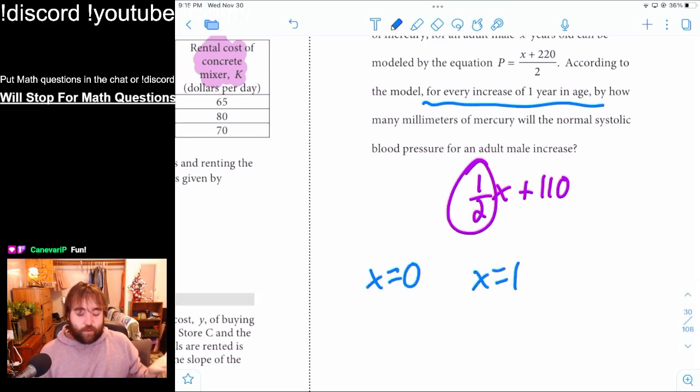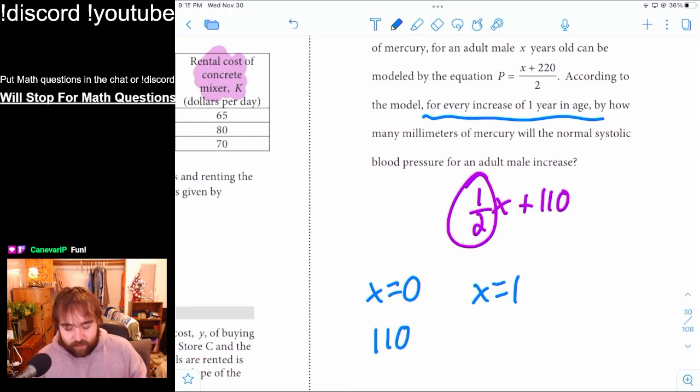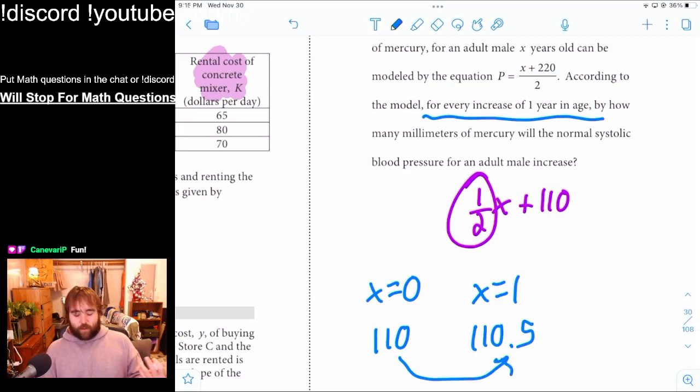Maybe this equation technically won't work from 0 to 1, but by the way they're asking it, you know it's the same every year. When x equals 0, you plug that in, you get 220 divided by 2, which is 110. You plug in 1, you get 221 divided by 2, which is 110.5. Then you see that it increased by 1/2.